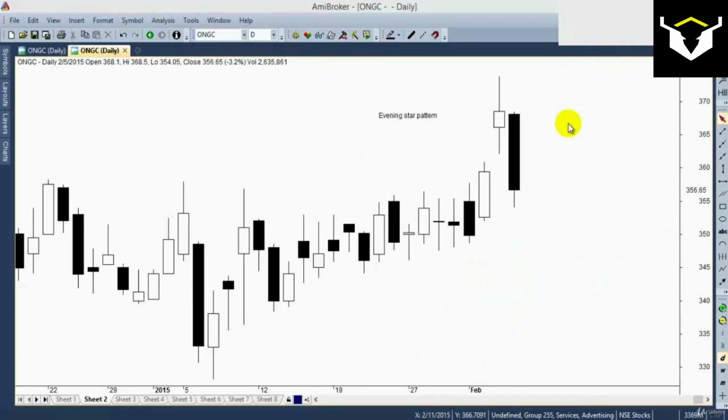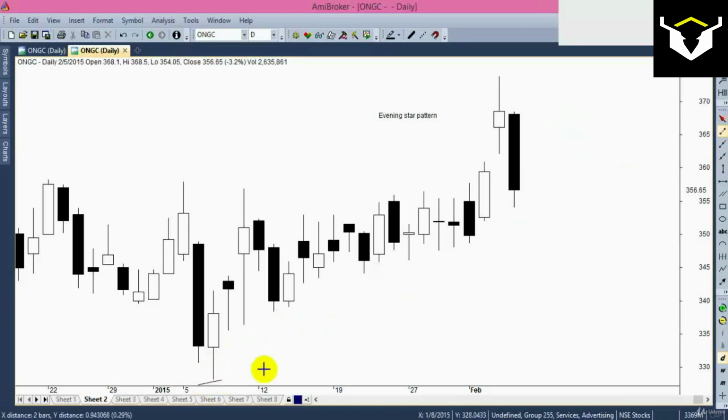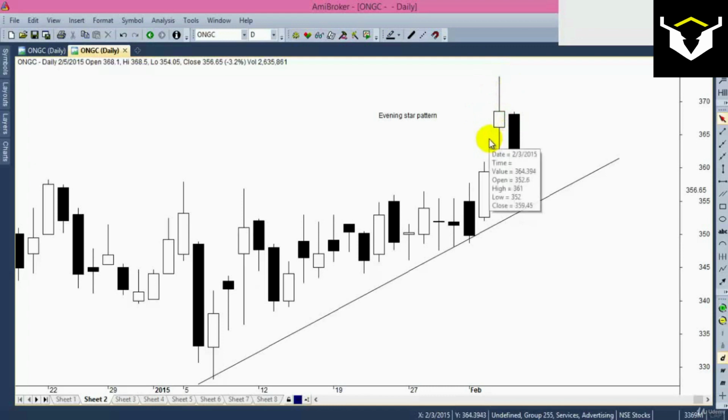Our next chart is the ONJC daily chart, which has an evening star pattern. You can see the market is in a steady uptrend. As of the second last bar, prices gapped up and the close was above its open. But looking at the bar chart, you can see it looks like a spinning top or a somewhat partially undecided trading range.